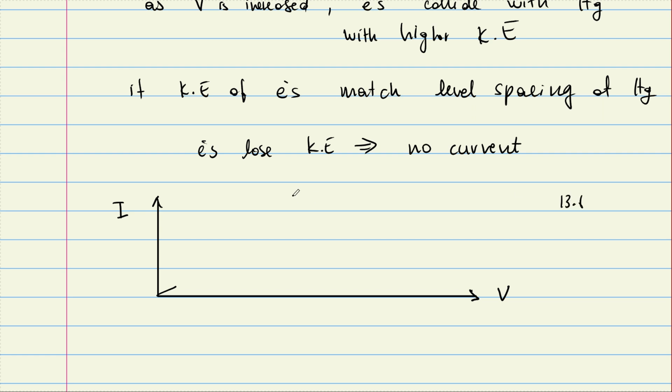If it was hydrogen, it was 13.6. If it's mercury, it's on the order of 13.6, not exactly, but not important. Electrons will collide with mercury atoms, but they are not going to excite them. So they are not going to lose their kinetic energy, and they give rise to current. At some point, whenever you reach the first excited state energy level of the mercury, there will be a reduction in current.